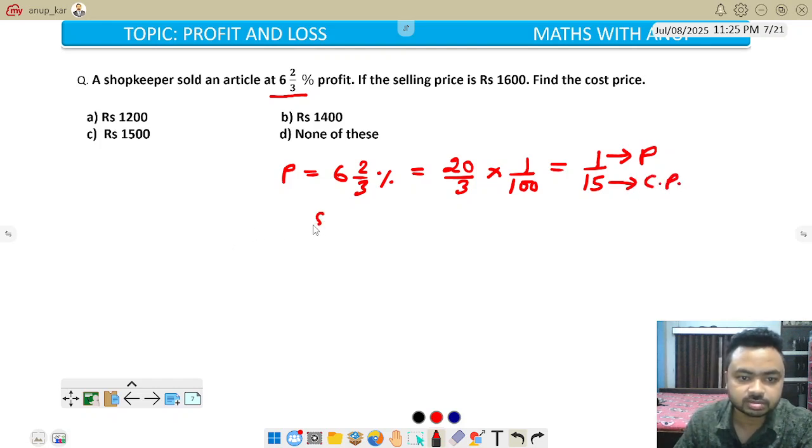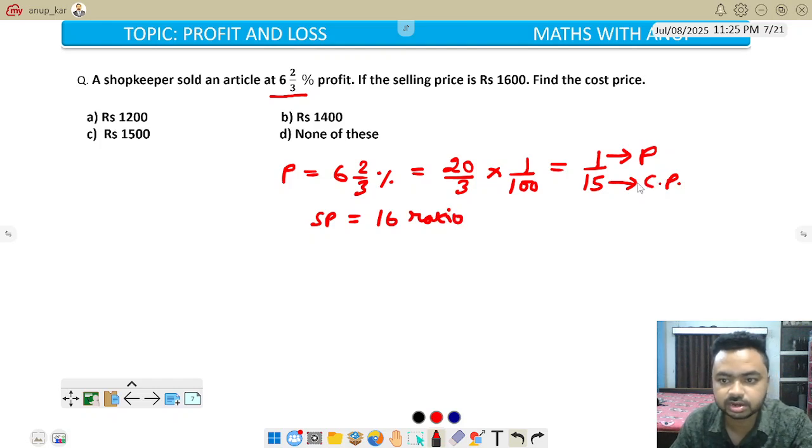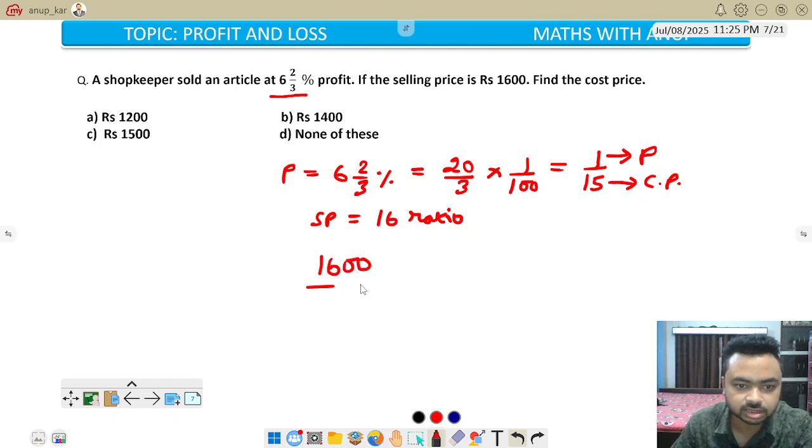So my selling price ratio will be equal to 16 ratio. Why? Because selling price equal to profit plus cost price. Okay, so this is basic terminology. So we have been given the selling price, which is 1600. That 1600 is actually equivalent to 16 ratio.